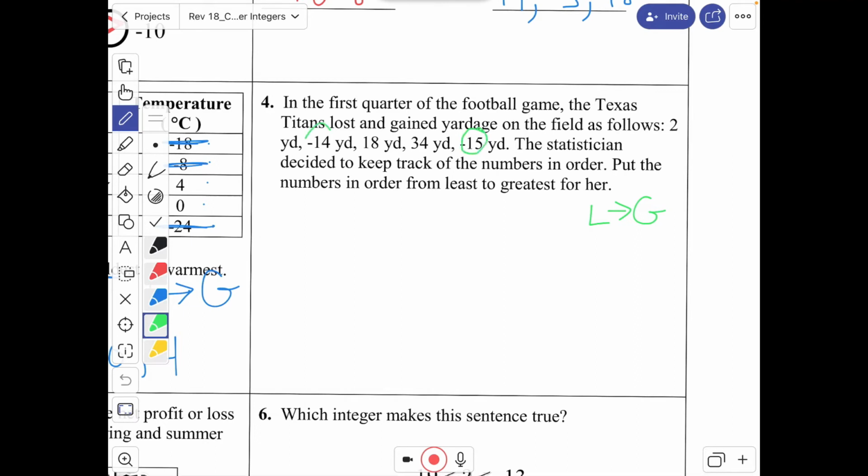So the least is going to be one of these negatives. And negative 15 is littler than negative 14 because negatives go backwards. And then what's left is positive numbers. Well, the smallest positive number is going to be 2. And then next would be 18 and then 34.